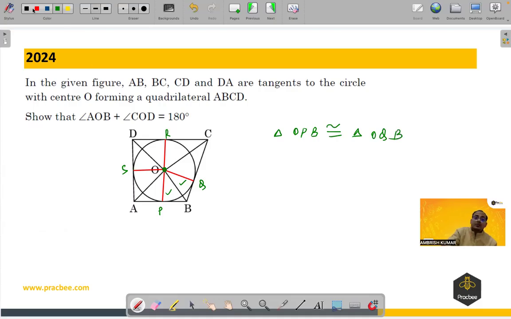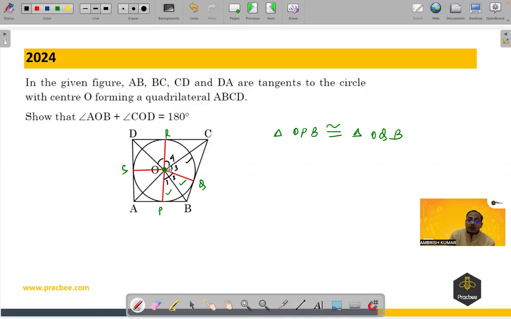It gives you what? This angle and this angle are equal. So look, we are naming this angle as angle number 1, angle number 2. Similarly, triangle OQC and ORC are congruent, so angle 1 equals 2, angle 3 equals angle 4.